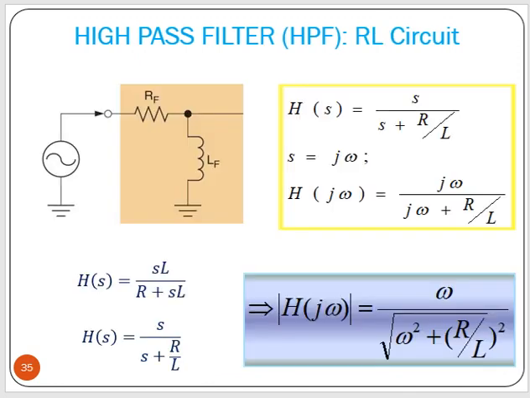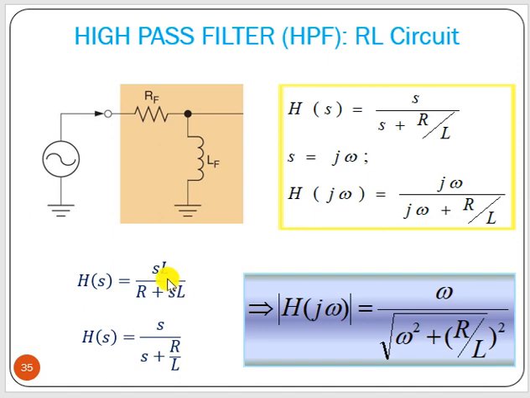Now for RL circuit, we have to connect R and L and observe the output from L. So if you write the equation, by voltage divider rule, that is SL divided by R plus SL into Vi, equal to V out. So V out by V in equal to this one.